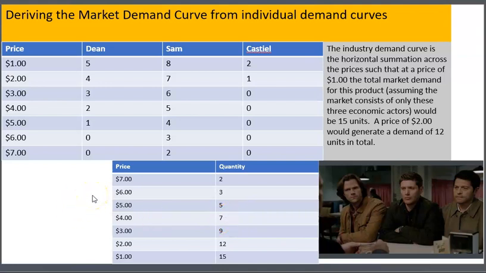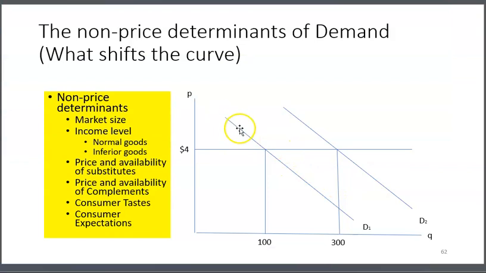Now, the reality is markets are comprised of thousands, sometimes millions of consumers, and so it's not as easy to make simple addition. But what I do want you to keep in mind as we go forward is that these curves represent buying preferences of thousands, maybe millions of consumers.